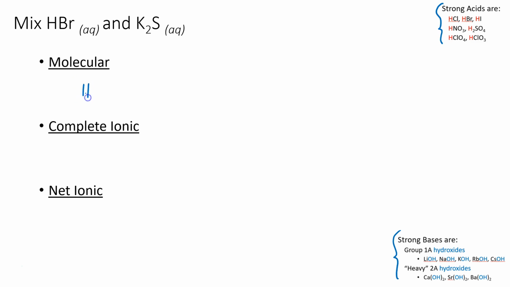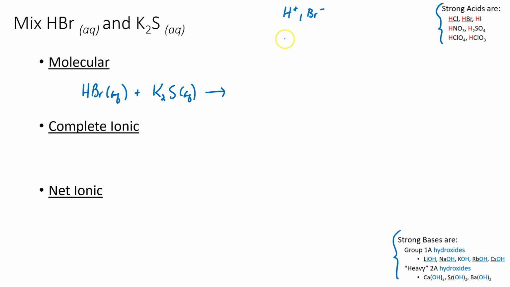So hydrobromic acid is going to combine with potassium sulfide, and let's predict our products. Hydrobromic acid consists of H plus and bromide.